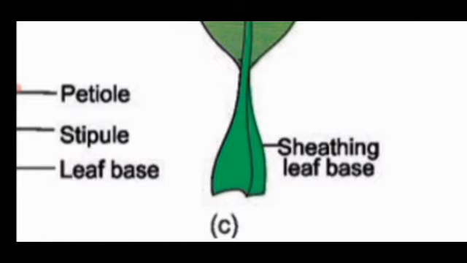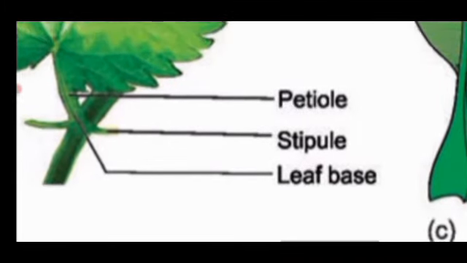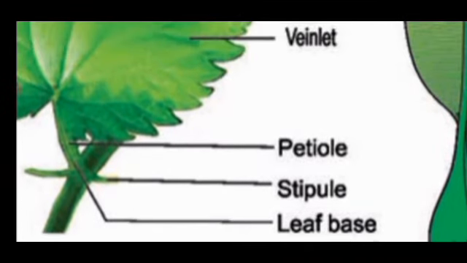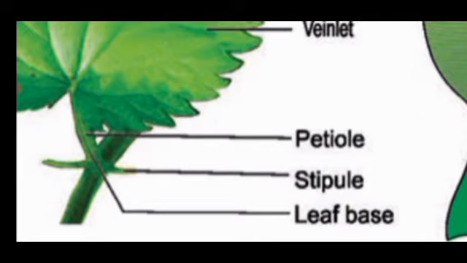The next is the petiole. The petiole is the central part of the leaf. It is a bridge-like structure which connects the leaf and the stem. The petiole or leaf stalk is a cylindrical, subcylindrical or flattened structure of a leaf which joins the lamina with the stem. A leaf with a petiole is called a petiolate leaf.